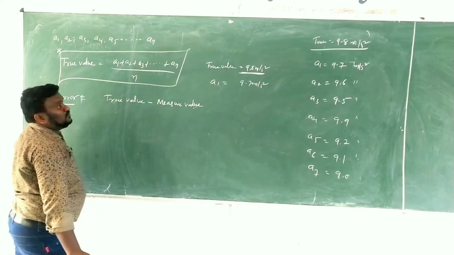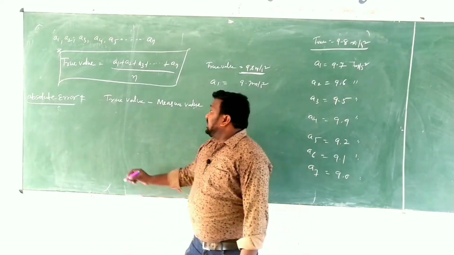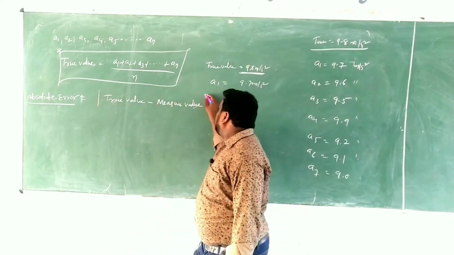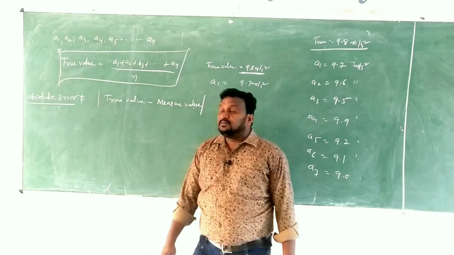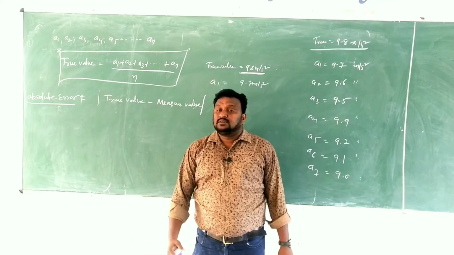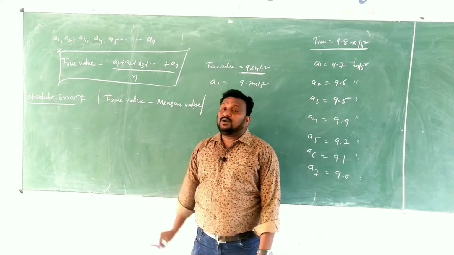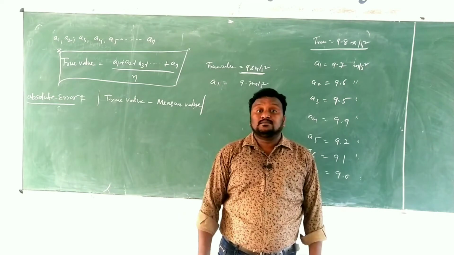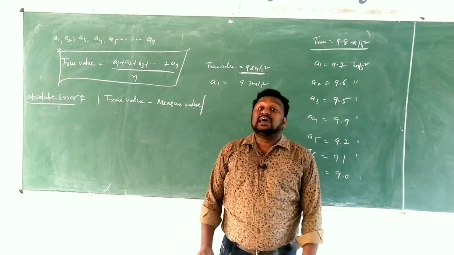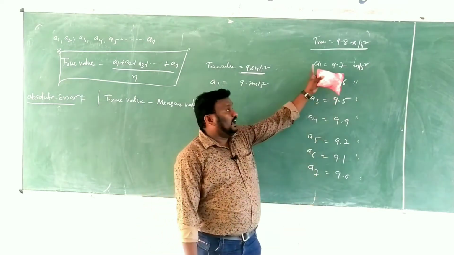That is the definition of absolute error: the magnitude of difference of true value and measured value is called absolute error.